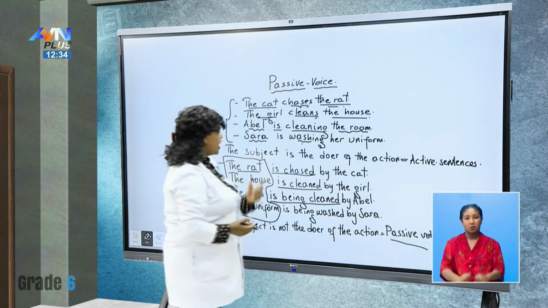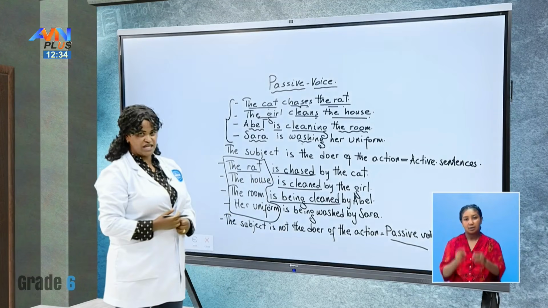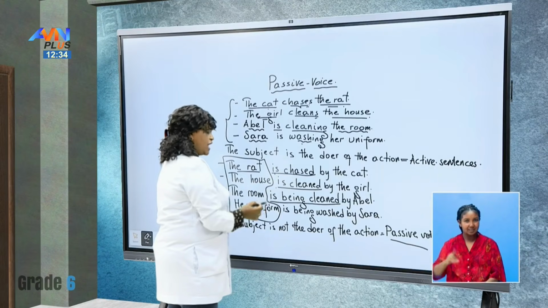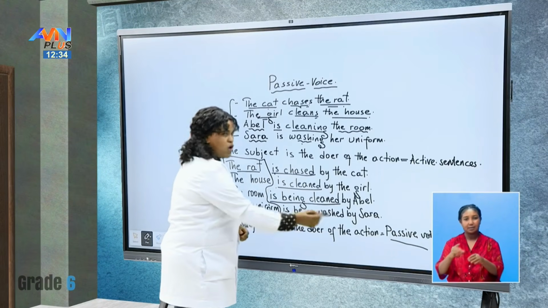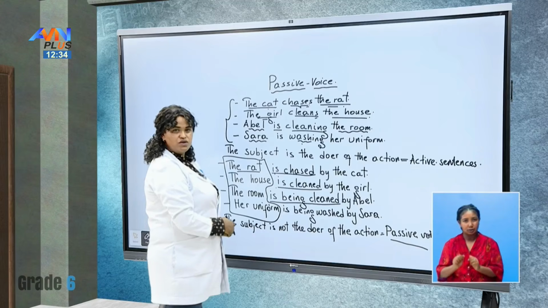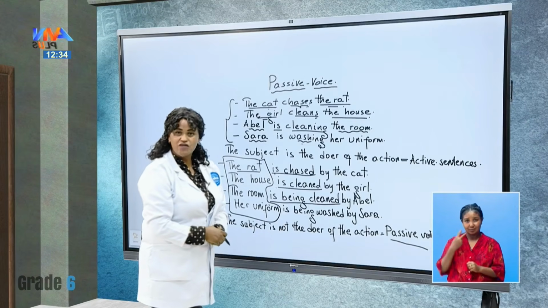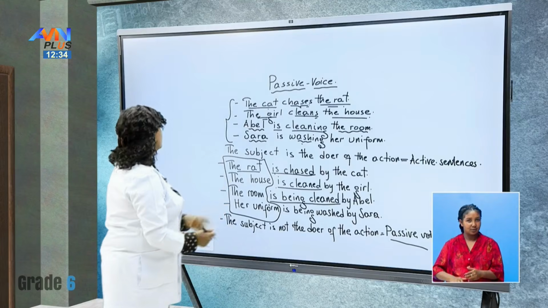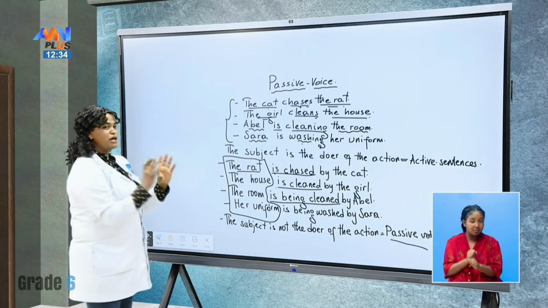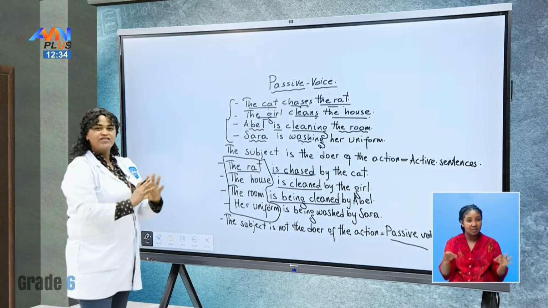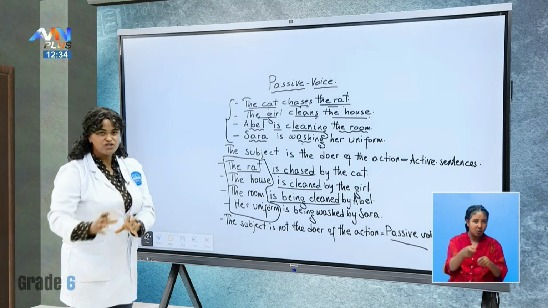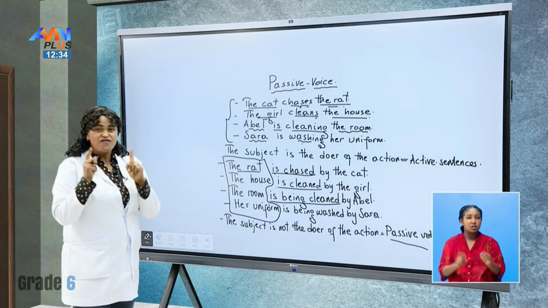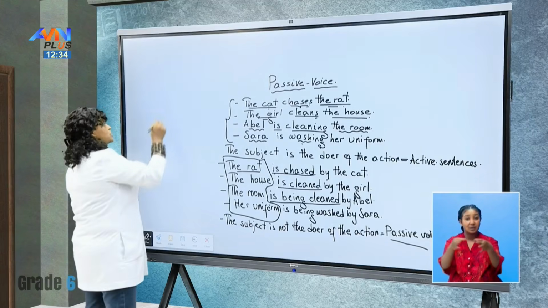Okay, how about in the passive sentence? Is chased, is cleaned, is being cleaned, is being washed. Have you noticed the verb? Yes, all of them are what? Verb 3. So, whether we like it or not, the verb in a passive sentence, whether it is simple present, present continuous, or the rest of the tenses, okay? The form of a passive sentence is, look, passive.